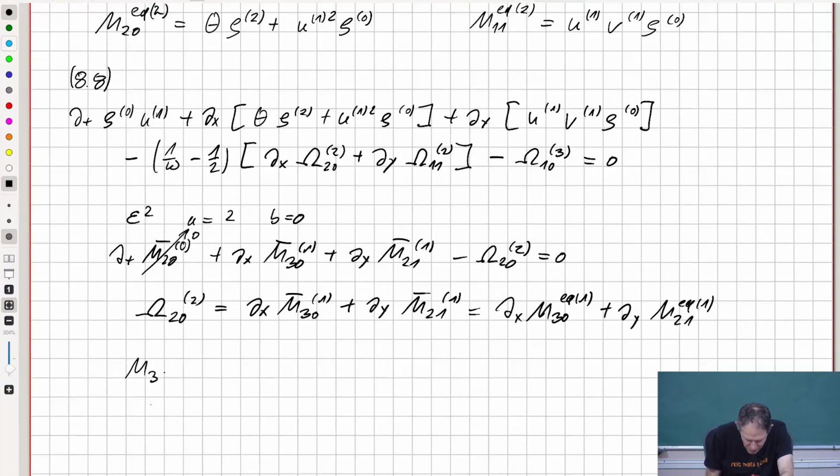So what is M30 equilibrium at first order? We are only talking first order. First thing is we know its dependence, right?